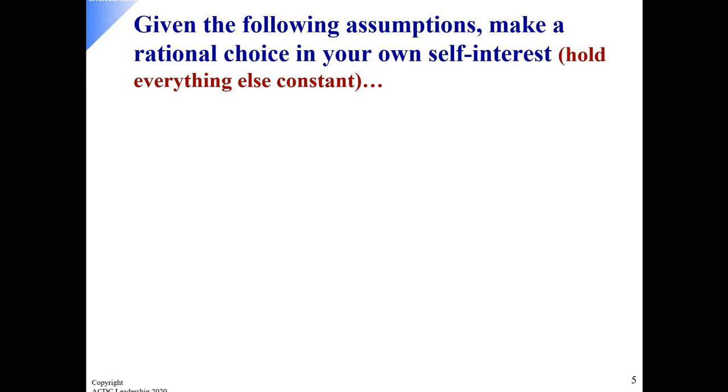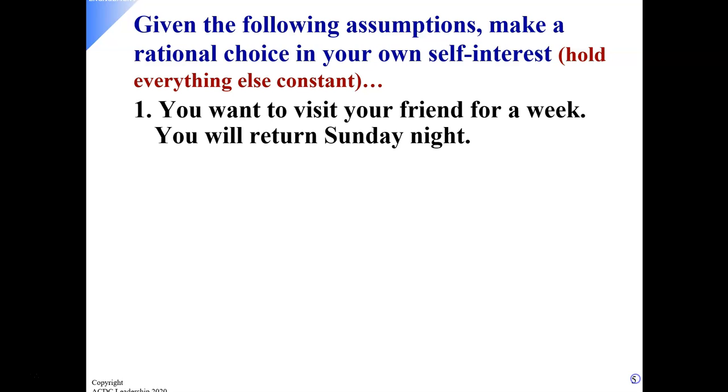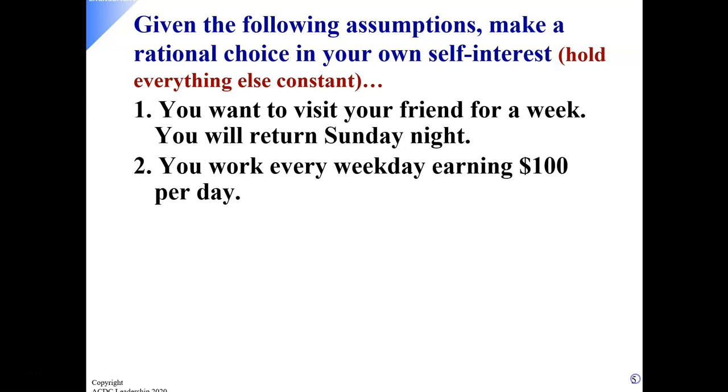Given the following assumptions, make a rational choice in your own self-interest. So the only thing that you're thinking about is yourself, and you're going to hold everything else constant. Number 1, you want to visit your friend for a week. You'll return Sunday night. Number 2, you work every weekday, earning $100 per day.